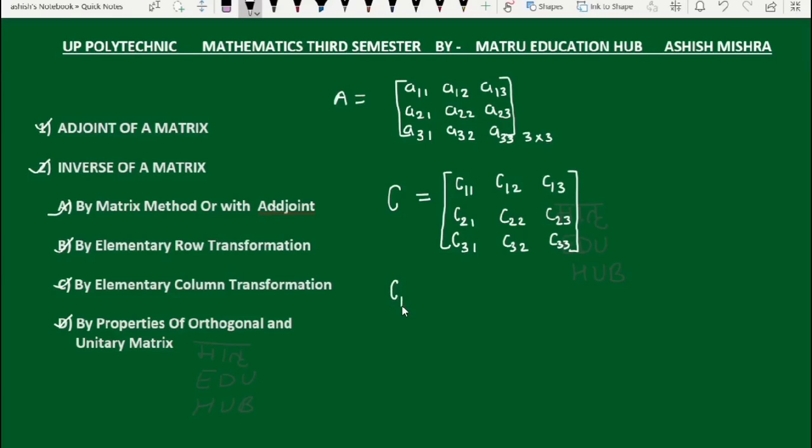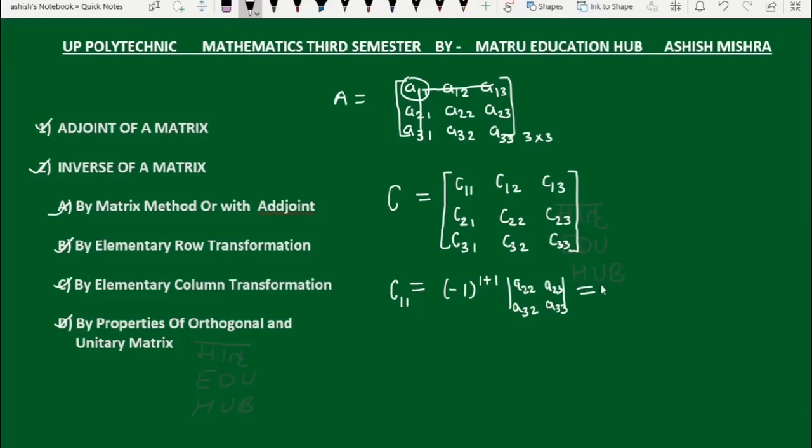What is a cofactor? Here we can define C11 as minus 1 power 1 plus 1 times the determinant of matrix A, hiding A11's row and column, horizontally and vertically, and writing A22, A23, A32 and A33.